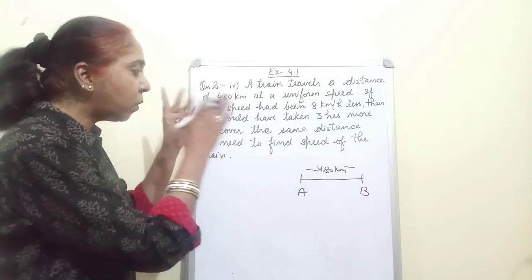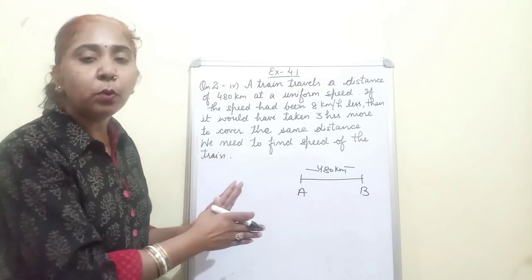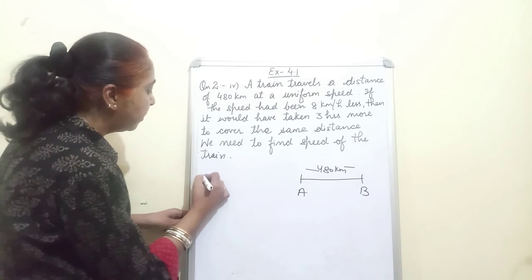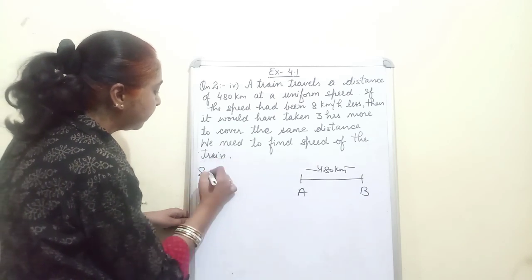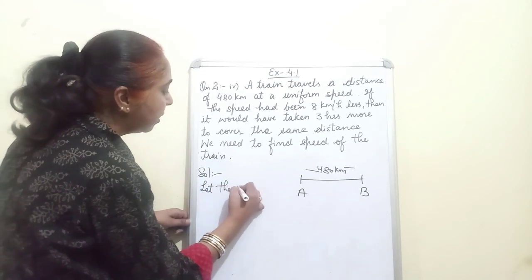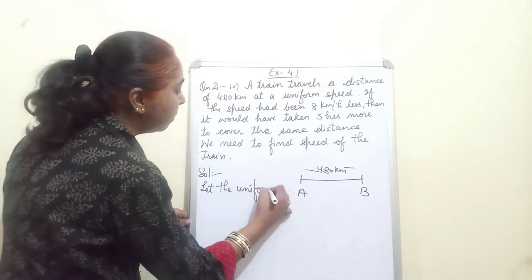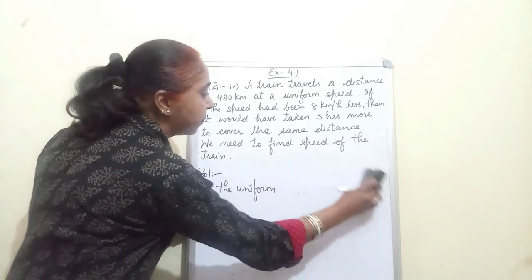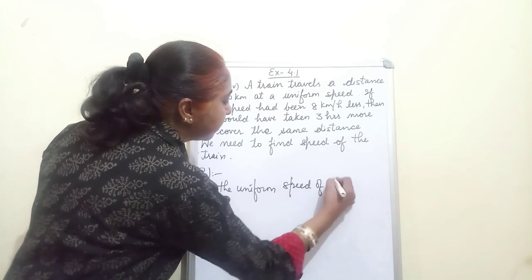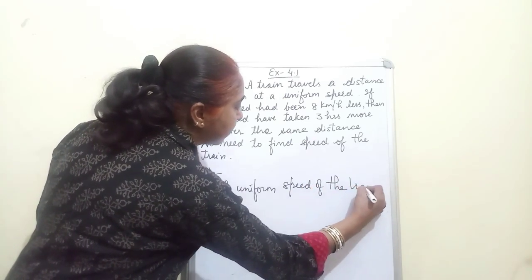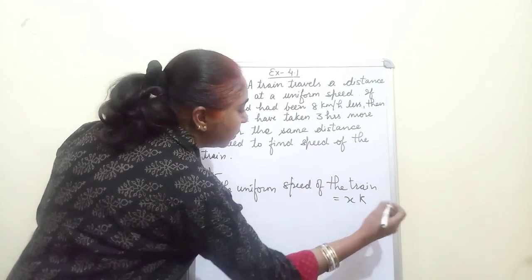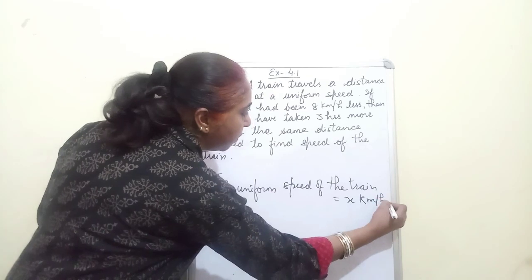So for solving the question, for getting the quadratic equation, first we have to suppose the speed of the train. So let us suppose the uniform speed of the train is equal to x kilometer per hour.